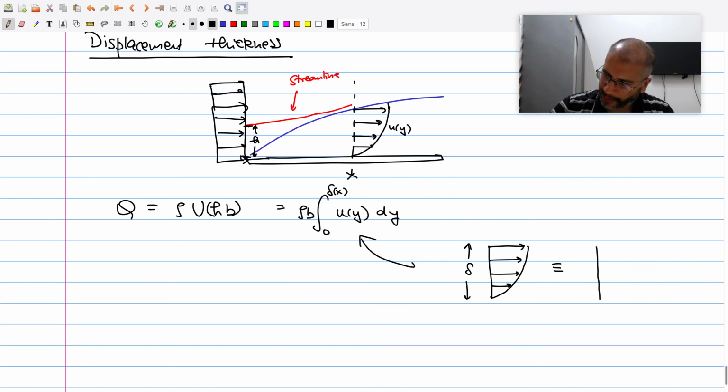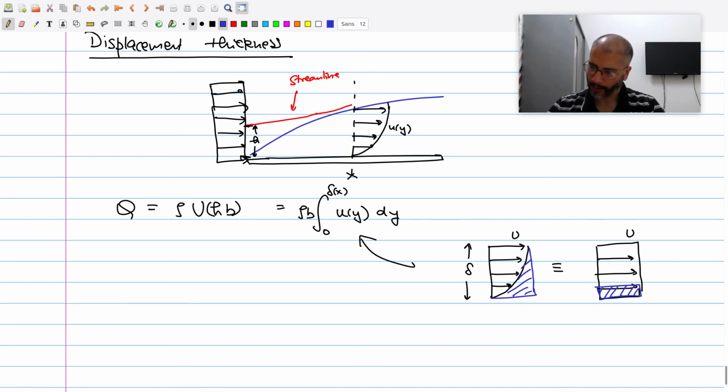If I was to approximate this as a uniform flow which was equal to U, then I'll have to take out some part, and this part will be the same as what this part is. So these blue parts are the same. Okay, that is what will then result in the non-shaded parts in the two figures being equal.